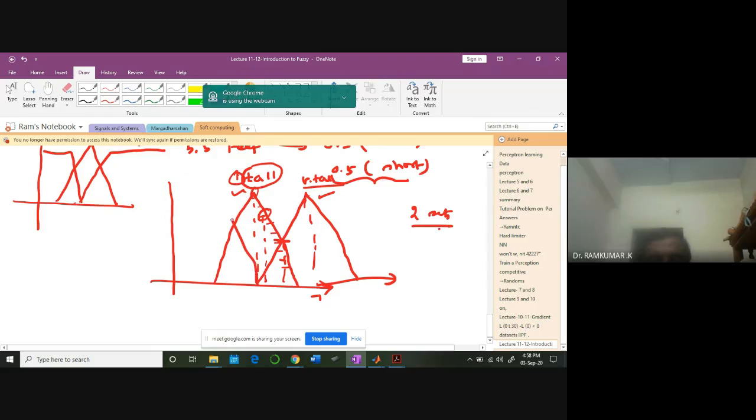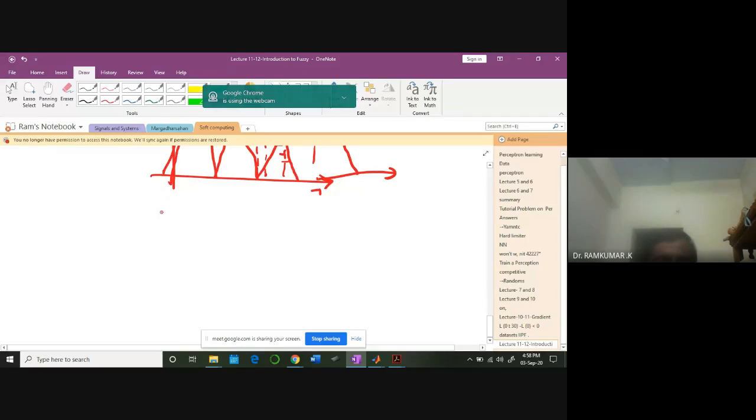I can fix one more set like short, and then I can go for one more set, something like very short. So I can divide my space into a number of finer definitions of sets.